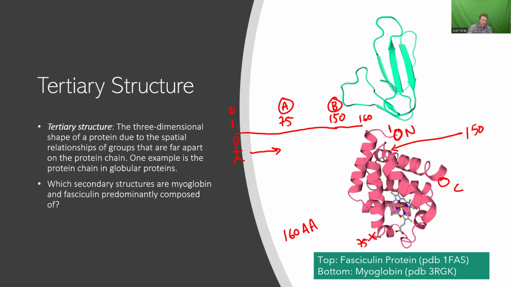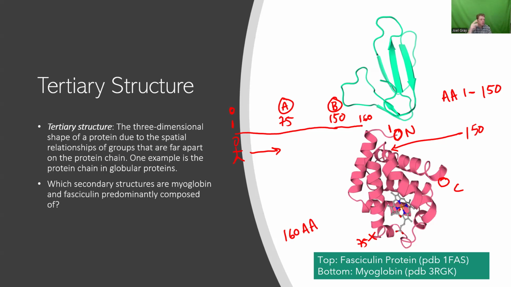What that allows for is that amino acid number 1's R group can interact with amino acid number 150's R group. So we can have these interactions where AA1 interacts with AA150. That's significant because, remember what I said earlier, there's a relationship between the shape a protein takes on and the function it takes on. These two things are interconnected.